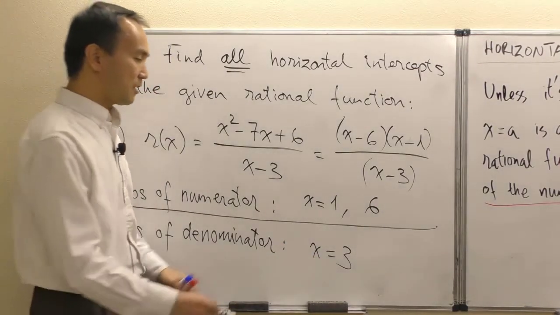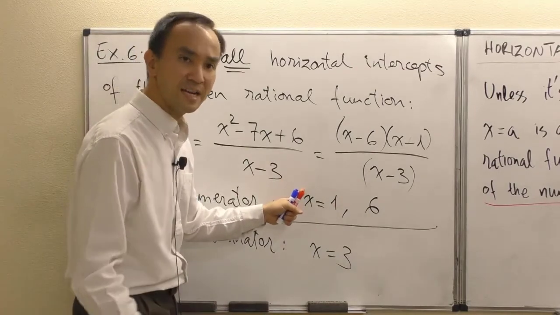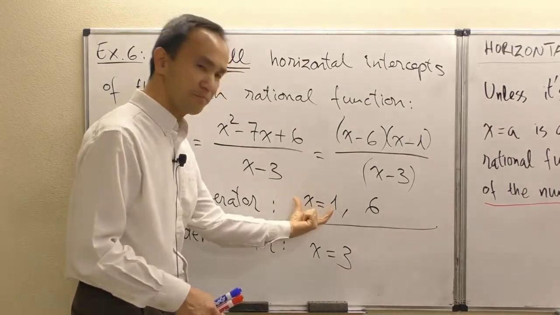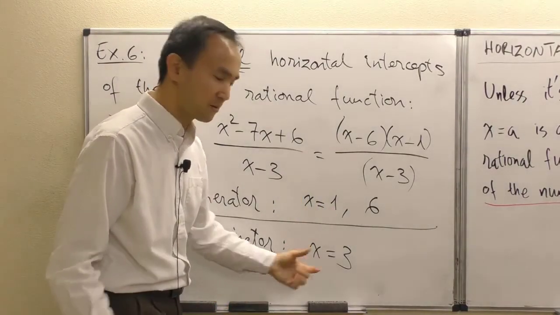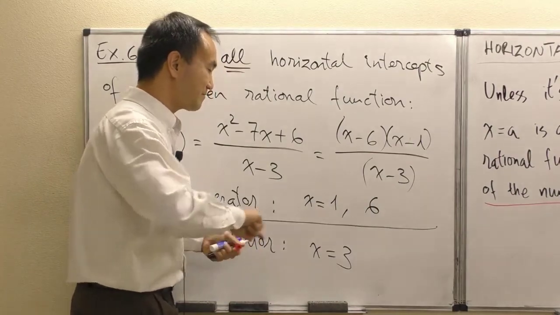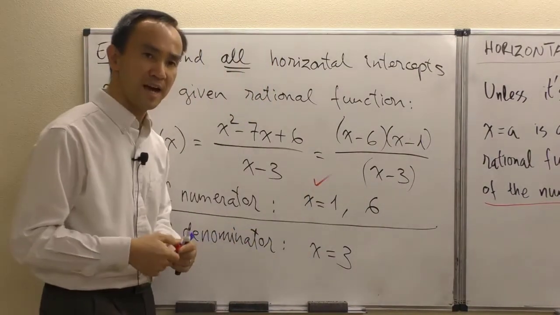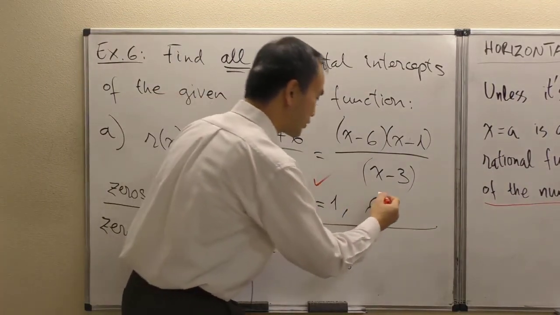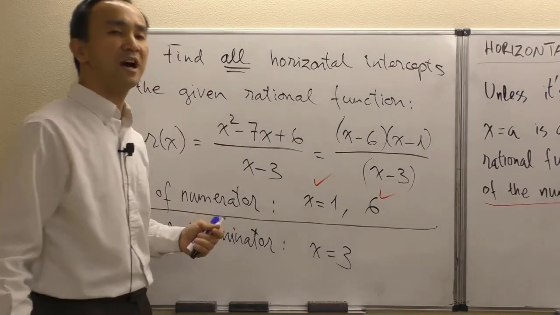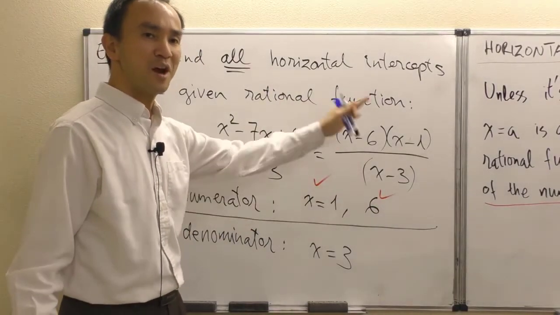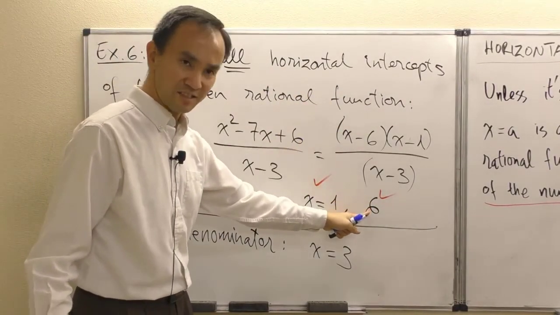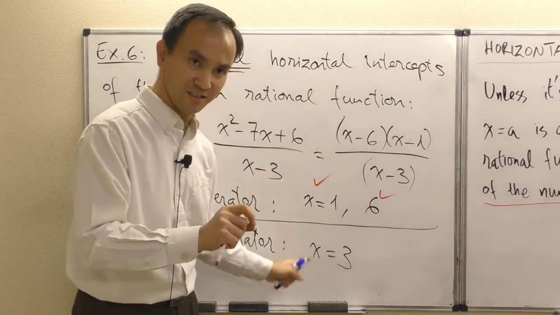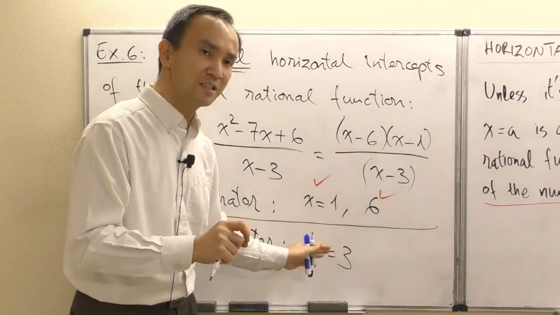So x equals 1 passes to be a horizontal intercept simply because it's a zero in the numerator, but it's not a zero in the denominator. Also, x equals 6 passes to become a horizontal intercept for this rational function, because it's a zero in the numerator and it's not among the zeros in the denominator.